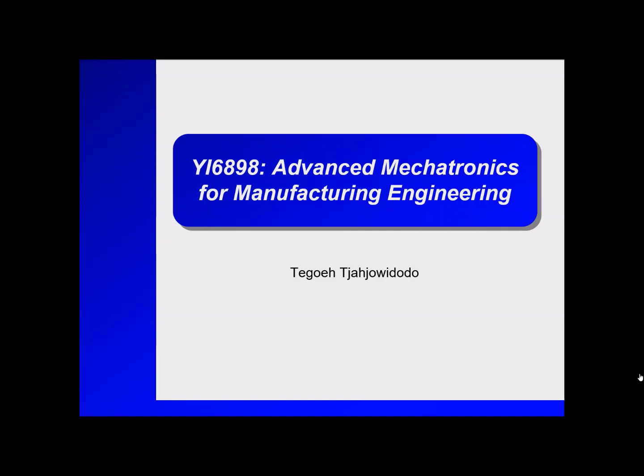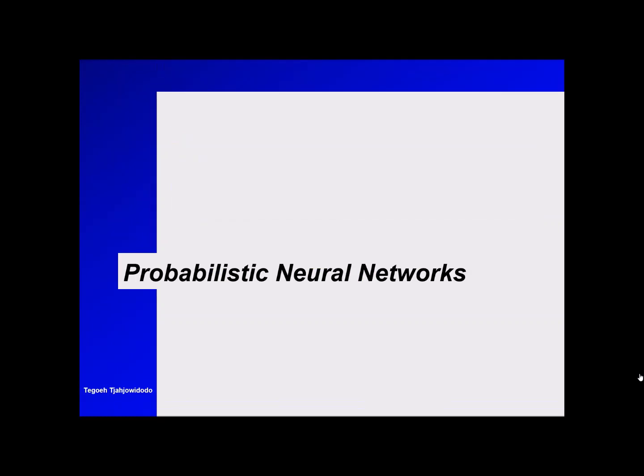In this video, we are going to discuss another neural network called a PNN, probabilistic neural network. Please note that this is a completely different approach, but it also uses the idea of how neurons work in our brain.